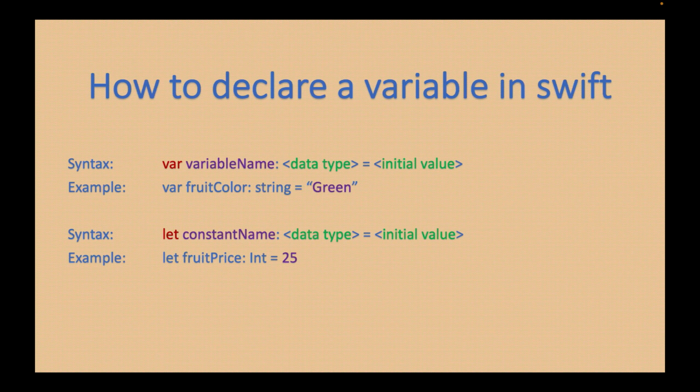Okay. For constant, the formula remains the same, the only keyword will change, which is let instead of var. So when you write let, constant name, colon, data type, and then equal to operator and then initial value, for example let fruitPrice colon data type is Int and value is 25.